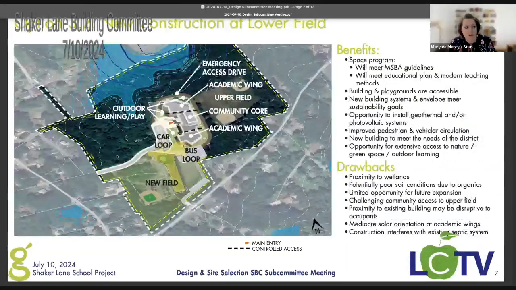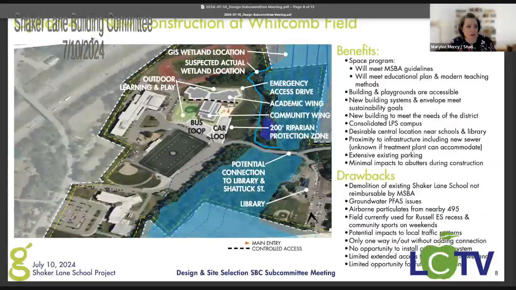So for now, the option 3s, 3.1 and 3.2, are really comparing apples to apples. That's why it's option 3 versus option 4, even though they're both new construction. This one is off-site, and it has that extra complexity of what the MSBA will cover in this instance. Does that make sense?